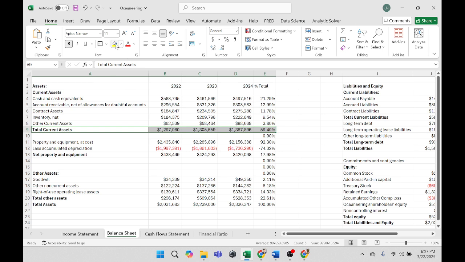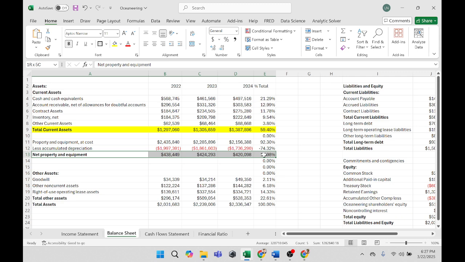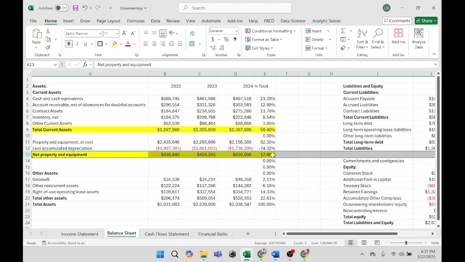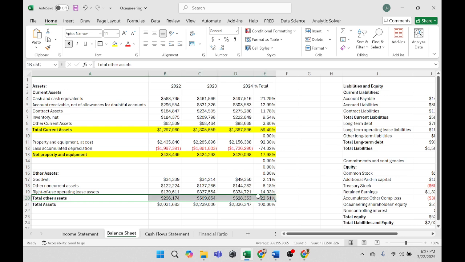Which means the totals, everything that says total, is important. But in this case, I would give you a heads up: I would just focus on the total current asset and property, right? Because the current asset is making up a big chunk of their assets.